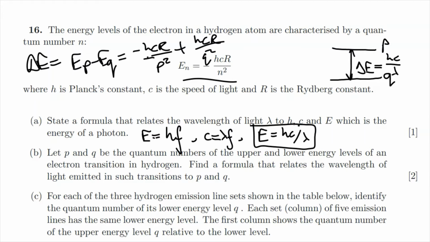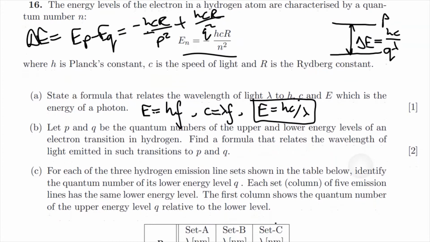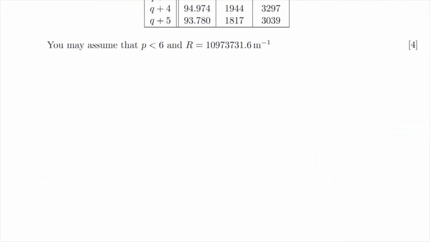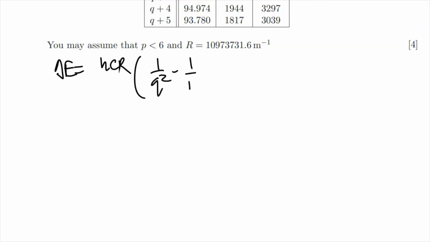Apologies, that's getting quite messy. Let's write this down here. So we get delta E equals hcR into 1 over Q squared minus 1 over P squared, where I've swapped things around to make it look a bit nicer.